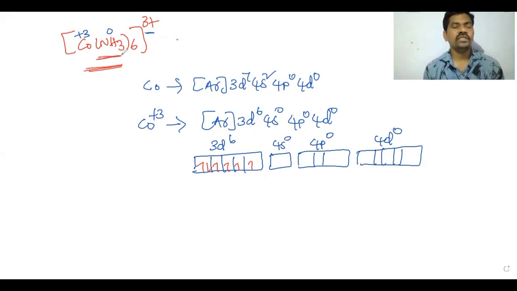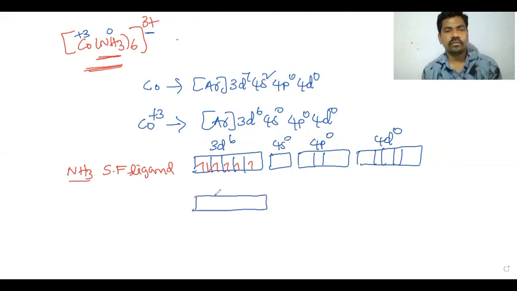Up to this point it is the same, but here you have to keep in mind that ammonia is a strong field ligand. In the presence of a strong field ligand, pairing will take place. Electrons will be paired: 1, 2, 3, 4, and similarly all 6 electrons get paired.